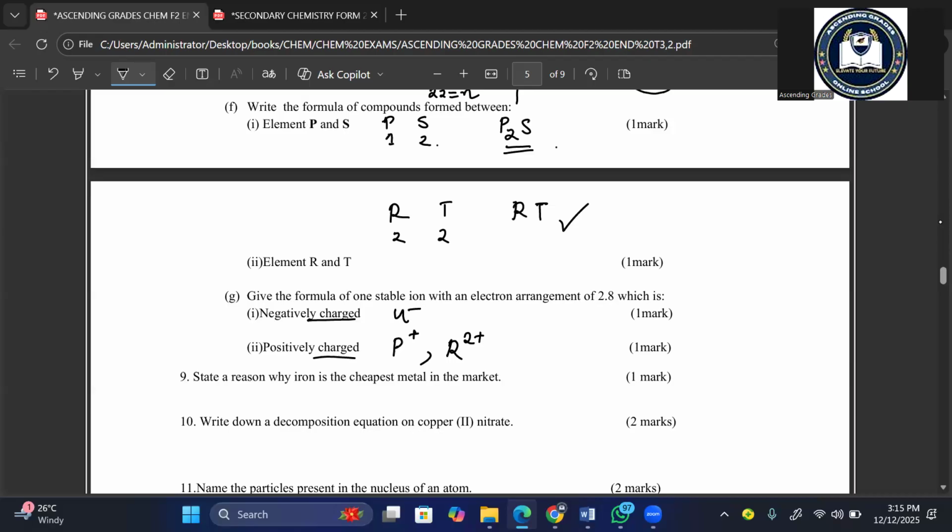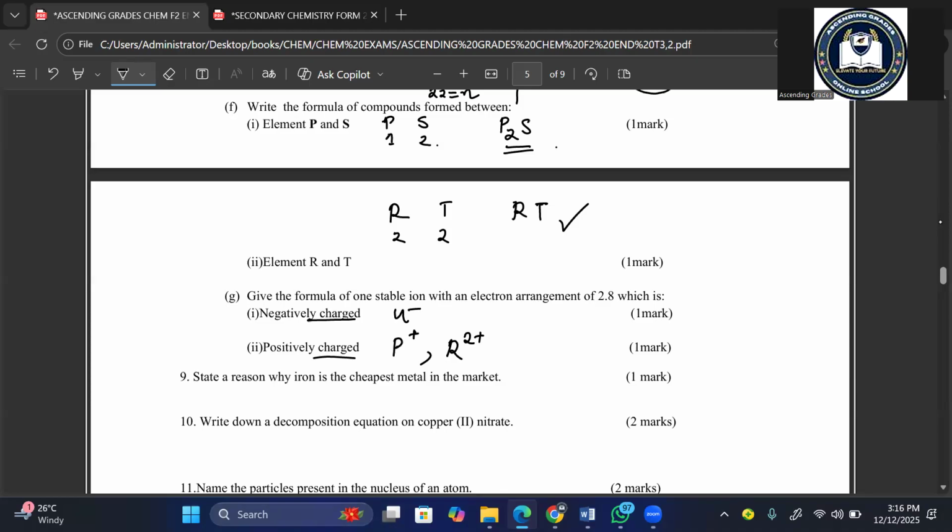State a reason why iron is the cheapest metal in the market. If you look at many people, they have gone for iron.